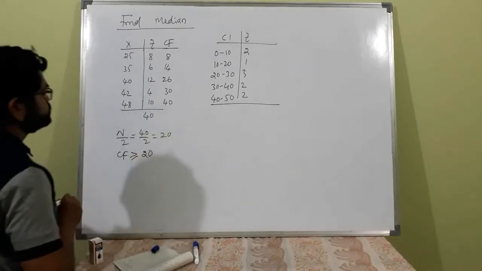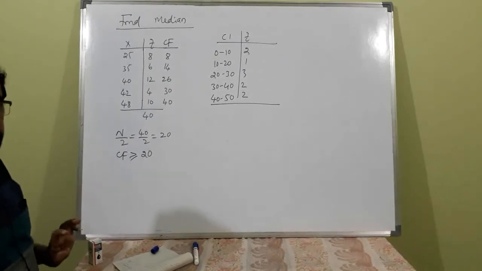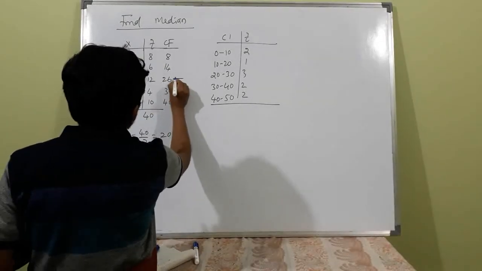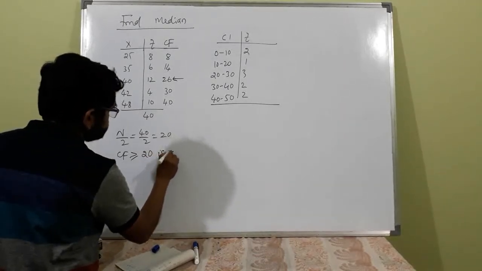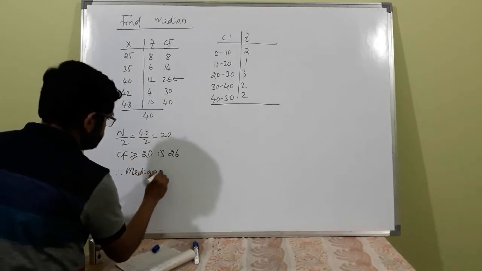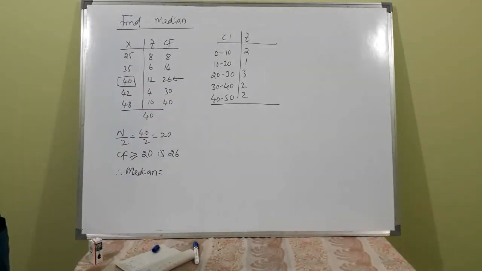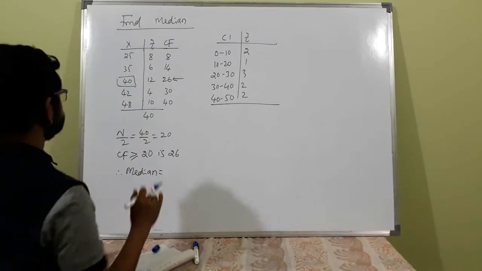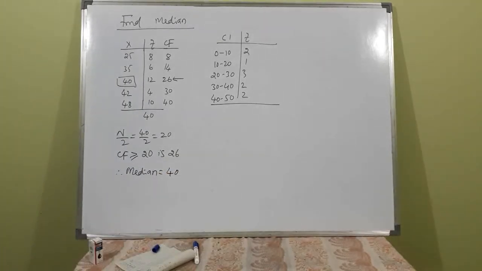Here exact 20 is not present. The very next value is 26. This is not the median, remember, that is cumulative frequency only. The corresponding value of x is 40. So the required median is 40.